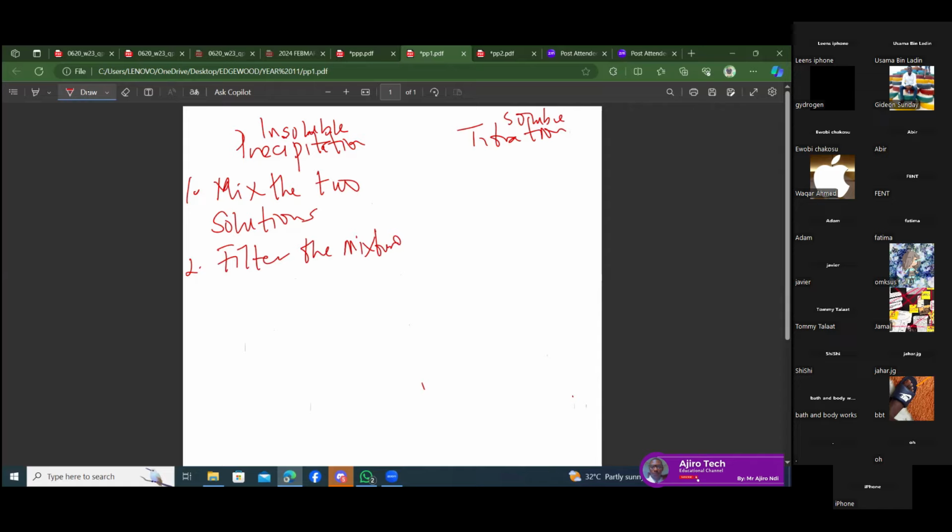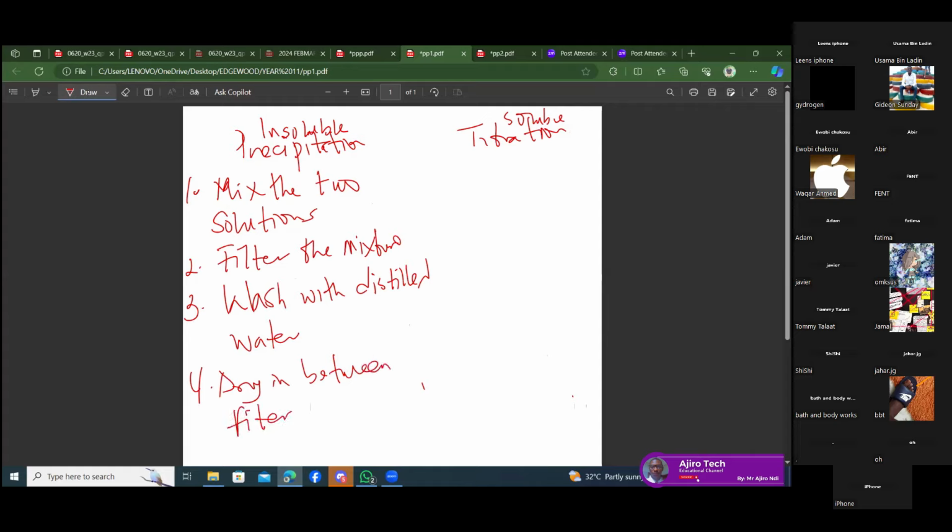You filter to obtain the crystals of the salt, then you wash with distilled water, and then you dry in between filter papers. This is the template for preparation of insoluble salts.